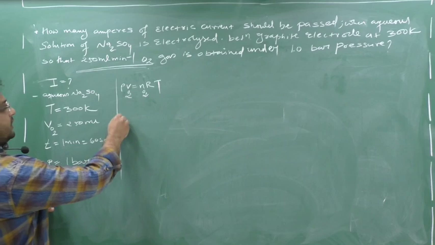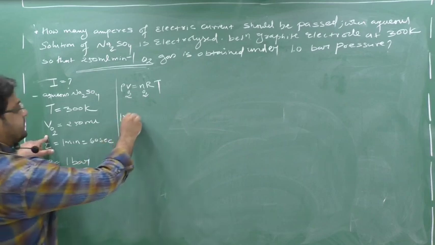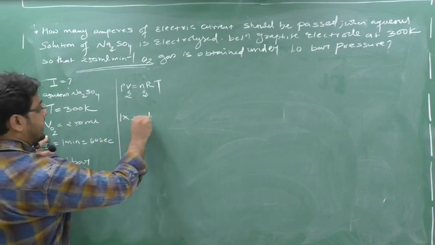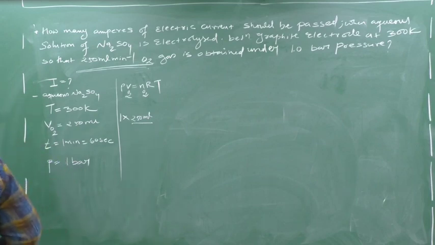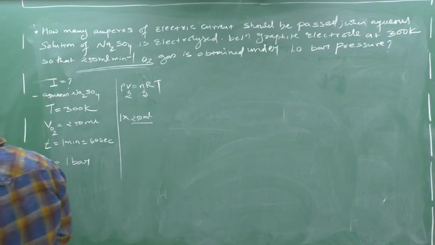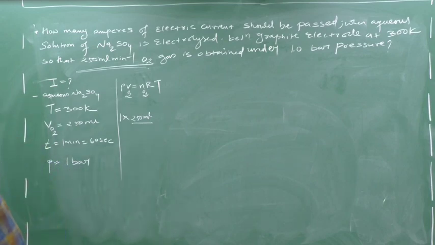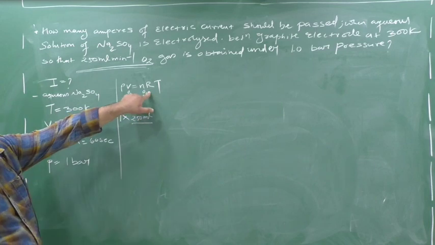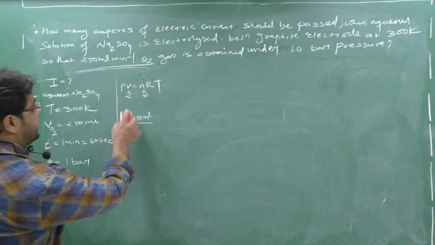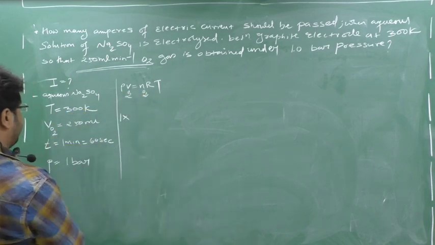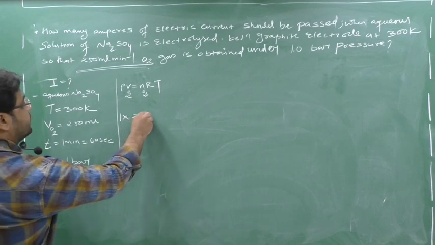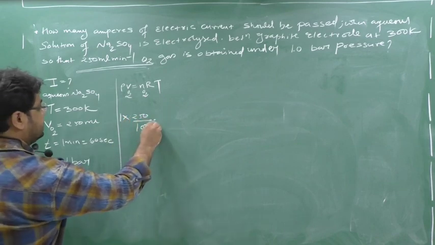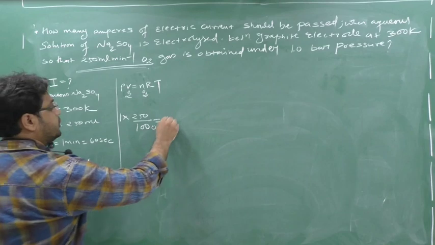Pressure is given as 1 bar, volume of O2 is given as 250 ml, divided by 1000 because I am taking R in liters. The R value 0.08314 is in liters, so I have to take the volume also in liters. So instead of 250 I will take 250 by 1000 equal to n moles of O2 times R.